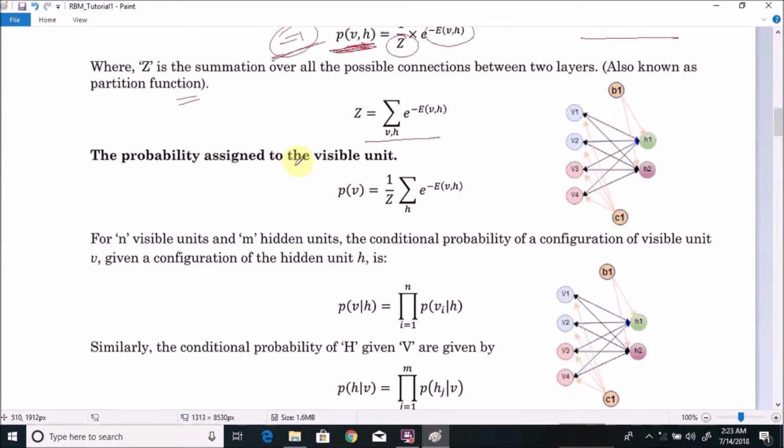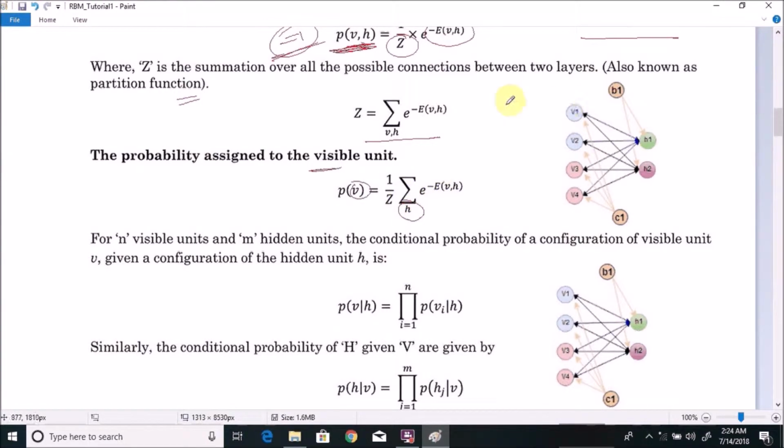Now, how can we assign the probability to visible units? We can assign a marginal probability to the visible unit input vector, say V, and it can be calculated by summing over all the hidden units.